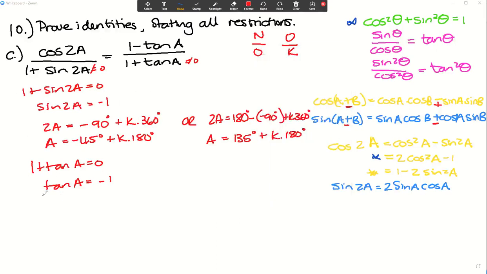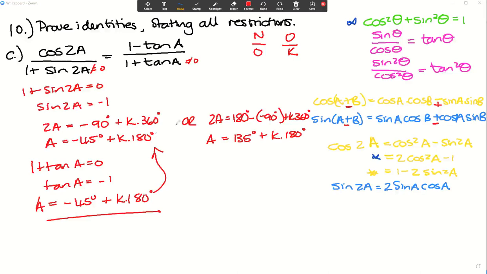And we know that this identity then becomes a is equal to minus 45 degrees plus k times, not 360, it's the tan general solution, so it's times 180 degrees, which is exactly the same as that, which is why they're allowed to equal each other on the other sides.